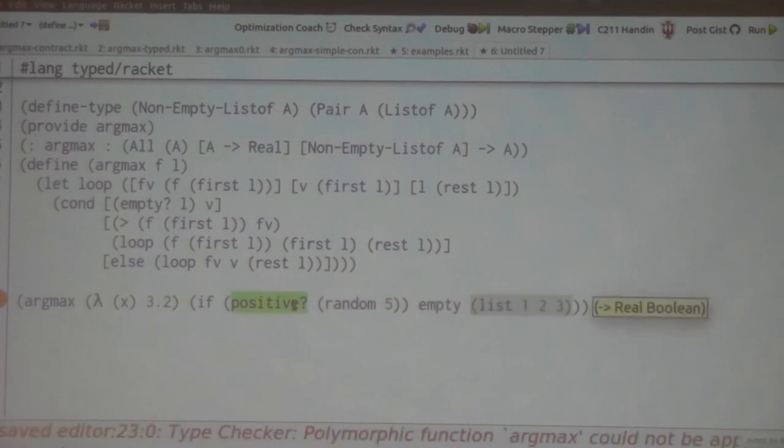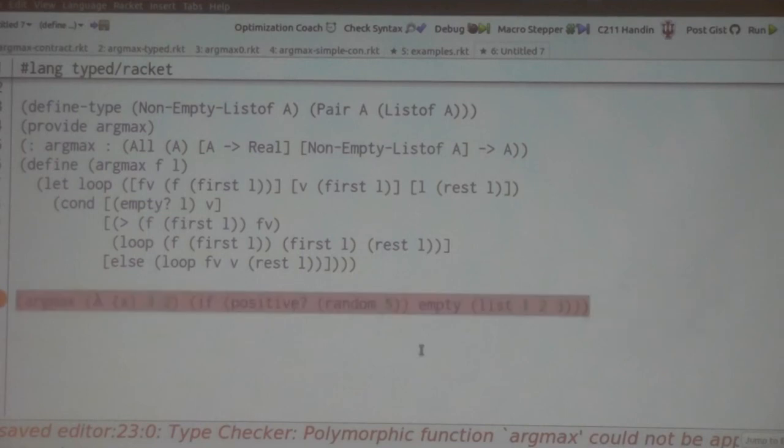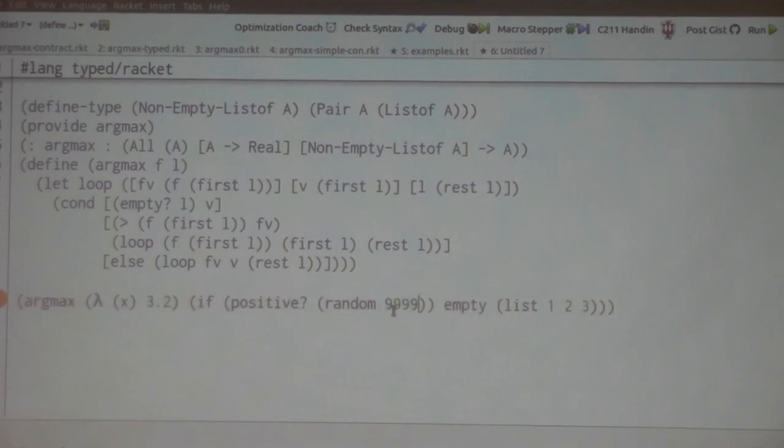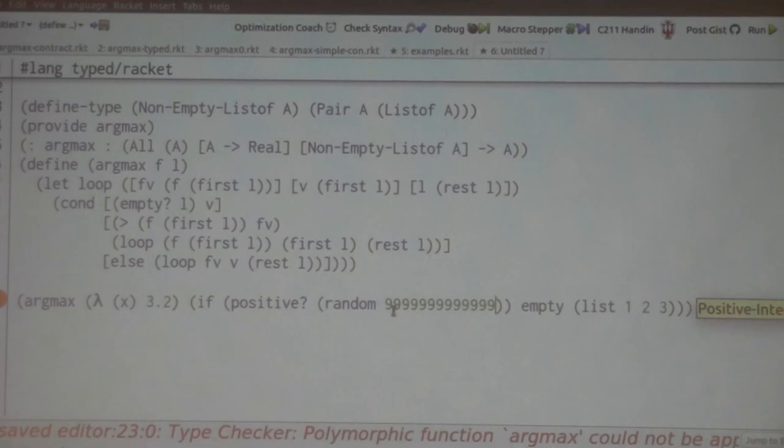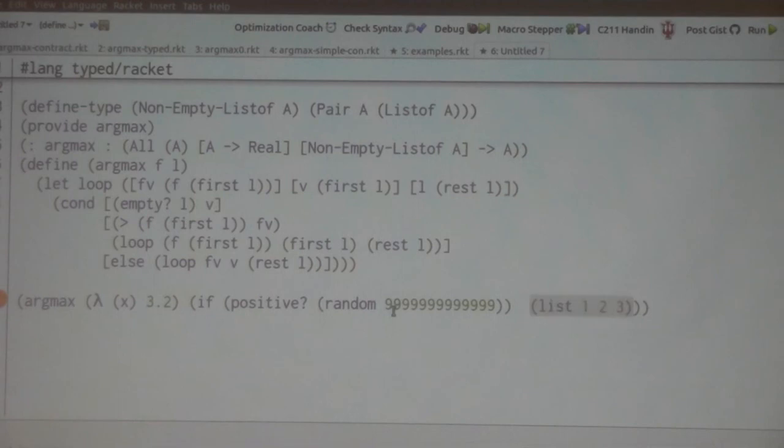Yeah, that's a type error. And that's still a type error, even though if I hit run a bunch of times, probably, well, this is the one that's unlikely to trigger, but still a type error.